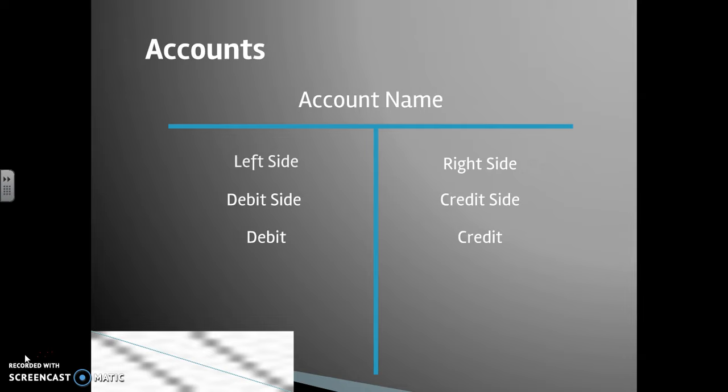On the top of the T would be the account name, and then the left side would represent all debit transactions to the account, and on the right side would represent all credit transactions to that account. So each account, when it is affected by a transaction, will either have to be debited or credited.